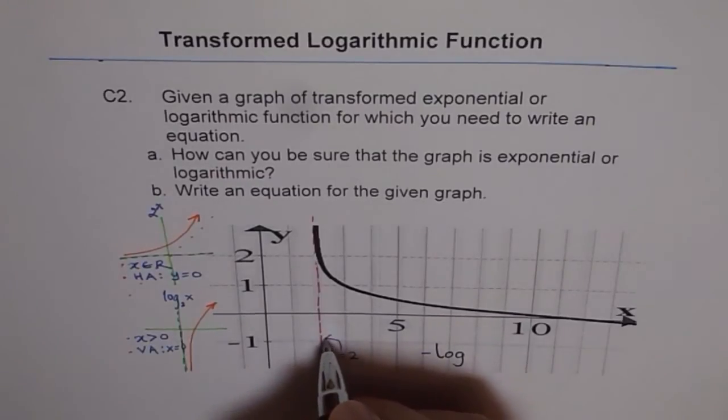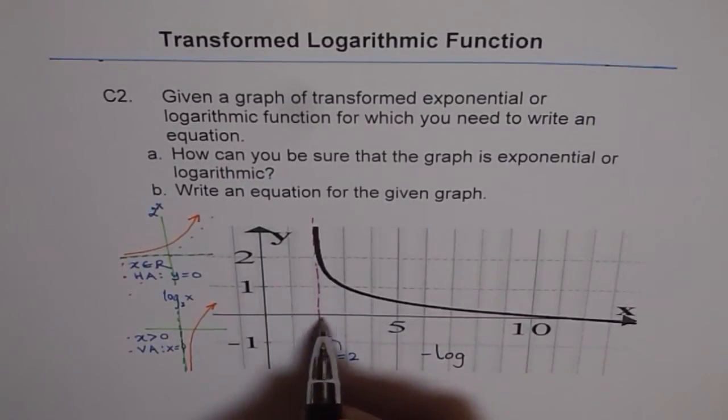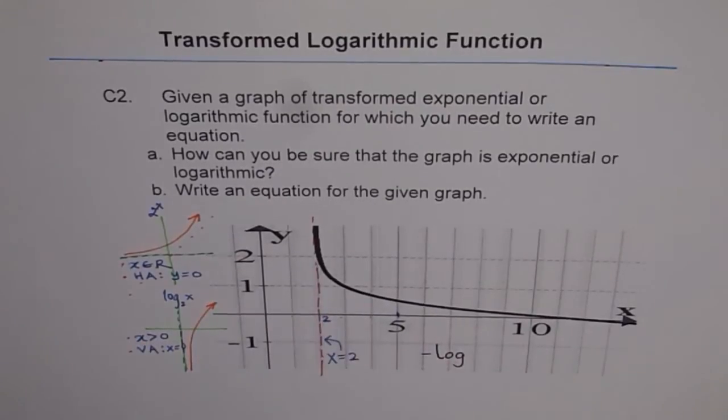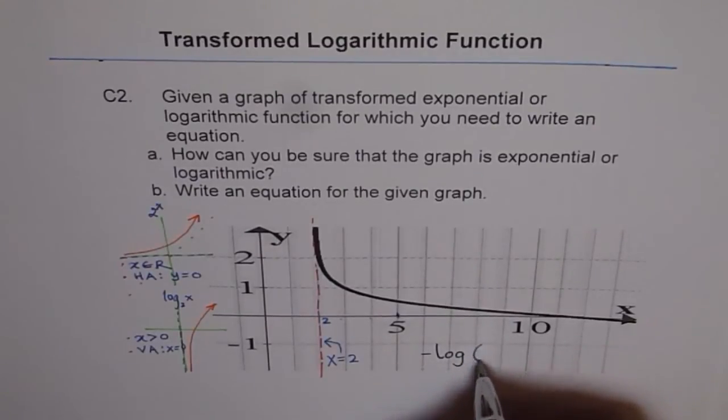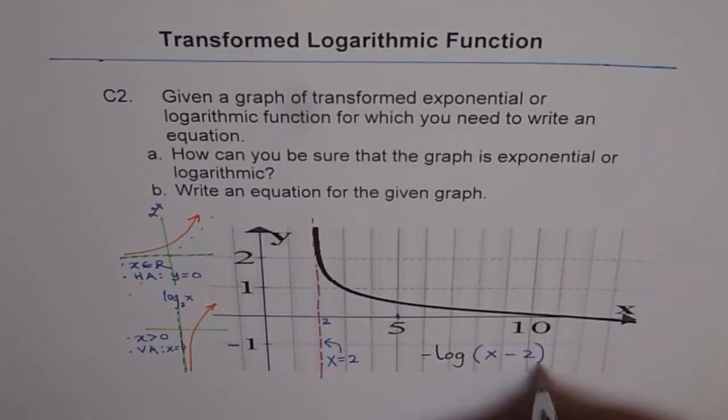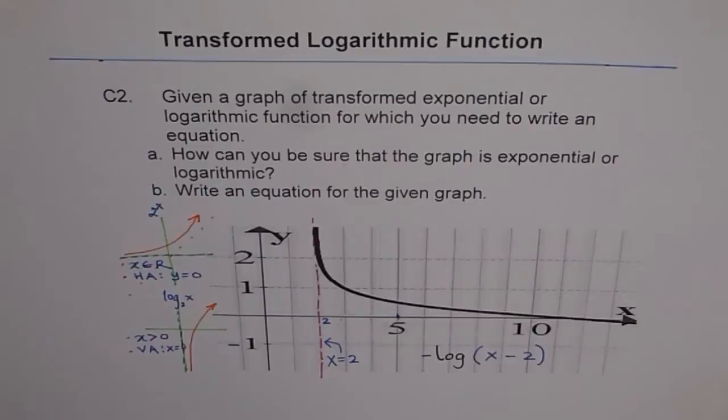That is the value of the vertical asymptote: 1, 2, 3, 4, 5, so this is that 2. That means my function has moved 2 units to the right. So we can write x minus 2. That is my vertical asymptote shift. Good job. We've done half of the equation.